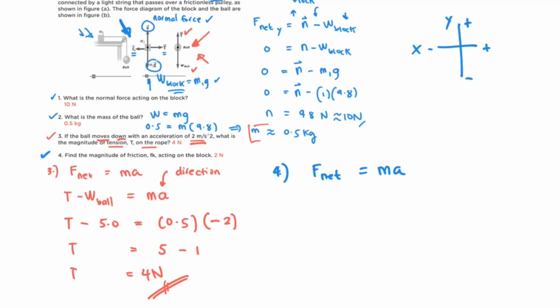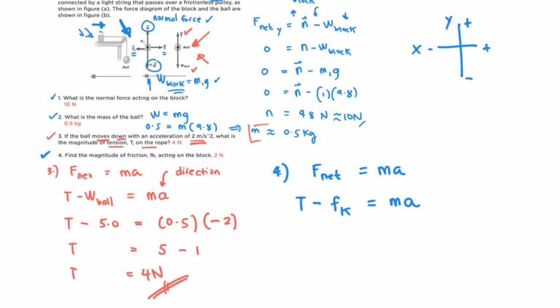Okay, so we have F net is going to be equal to tension, because that's going to be positive, minus friction, Fk, because that is directed to the left, and that is equal to the mass, and this time it's going to be the mass of the block multiplied by the acceleration of the block. In this case, the block is going to the right, so therefore the acceleration is positive.